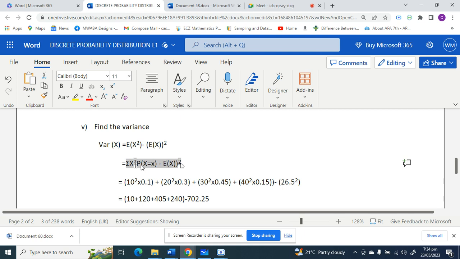The expected value, you have to square it. So you add up where you squared the random variable and multiplied it with its probability, its tabulation here. Once you find that total value, you're going to subtract from it the squared value of the expected value. Are we okay with that, colleagues?